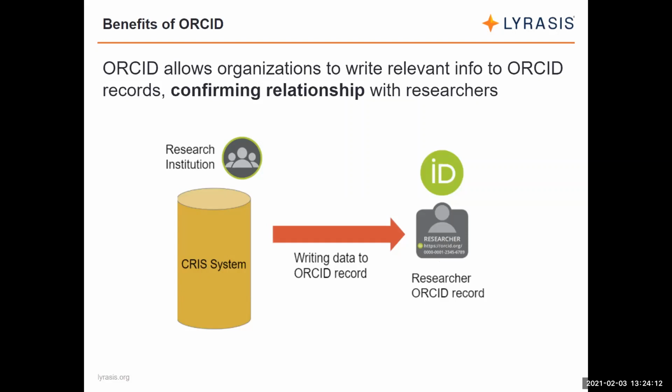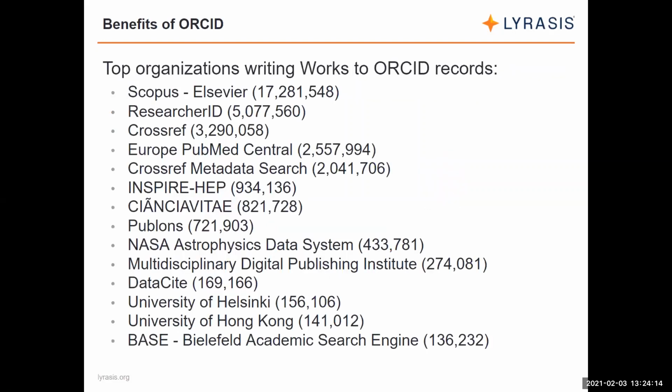And just to give you a little more of a peek behind the scenes in terms of the works section of ORCID, this is a list of the top organizations that are writing works to researchers' ORCID records around the globe. You can see that Scopus, ResearcherID, Crossref, and PubMed are up at the top.